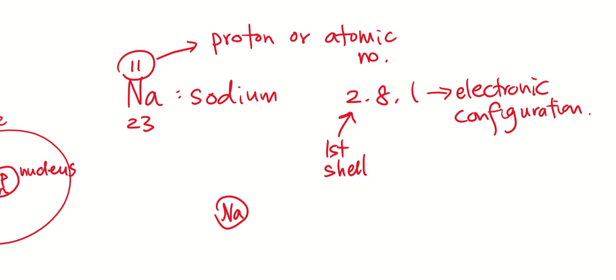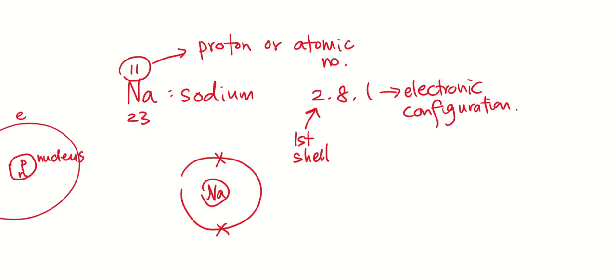Then you think of this same story. The first shell can only hold up to 2. Why 2? Because Chinese like the number 2. They don't like the number 4, because it sounds like death. So I have 2. The second shell is bigger. So how many can I accommodate?